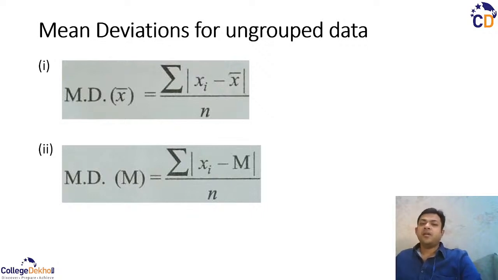Similarly, the mean deviation about the median would be the summation of absolute values of each numerical value minus the median, the entire thing over the number of observations.